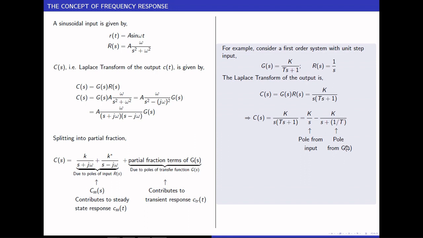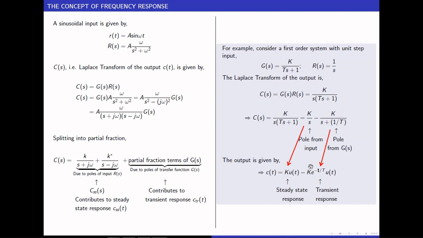That is very clear. Since we have got C of s as partial fractions, definitely I can get the C of t, that is the output, by taking the inverse Laplace transform. K by s will have an inverse Laplace transform of K u of t, and K by s plus 1 by T will have an inverse Laplace transform of K into e power minus t by T, small t by capital T, into u of t.